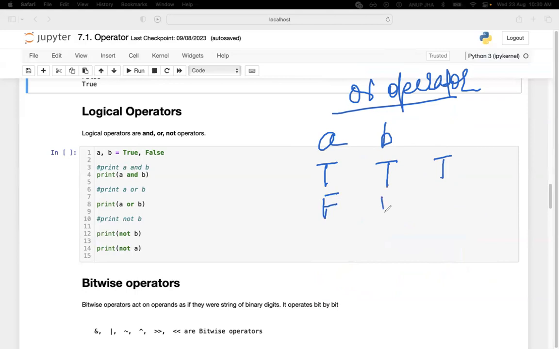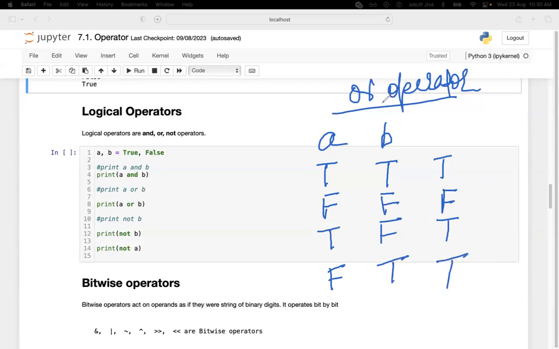False, false, I will get false. True, false, I will get true. False, true, I will get true.